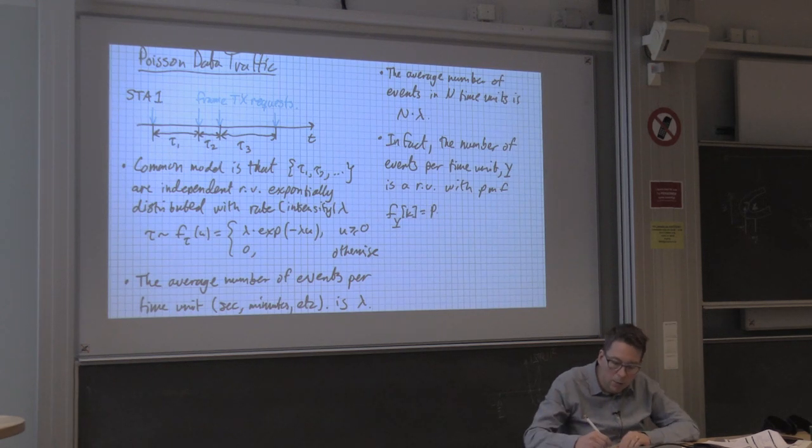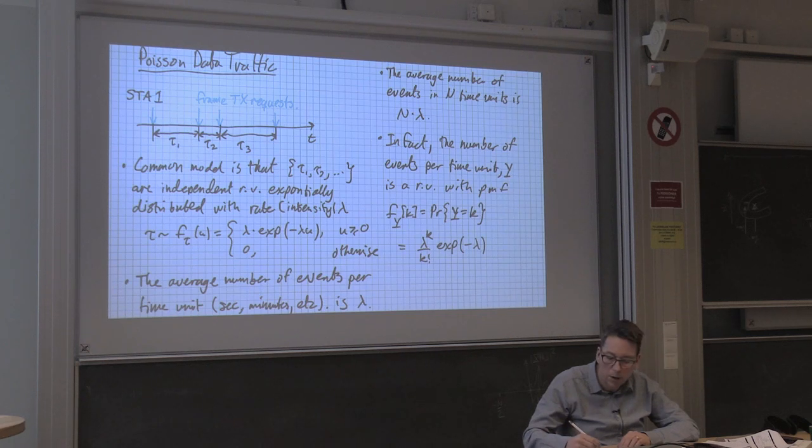By definition this is the probability that Y is equal to k, and one can show that this is equal to lambda raised to the power of k divided by k factorial, times the exponential of negative lambda. This is true for k equals 0, 1, etc., and it's 0 otherwise.